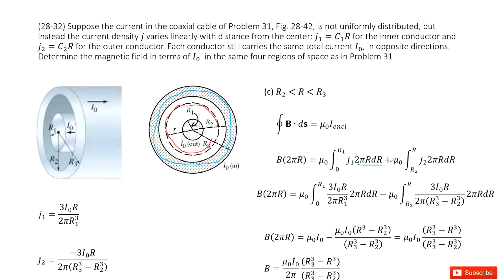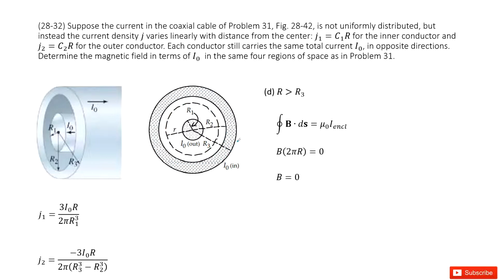The second part is the part enclosed in the outer cable, so mu naught times J2 times 2 pi r dr from R2 to r. Then we solve these two integrals, get a function like this, and convert this equation to get the term for B.